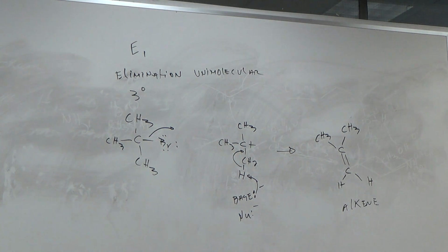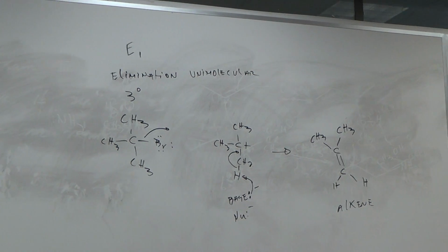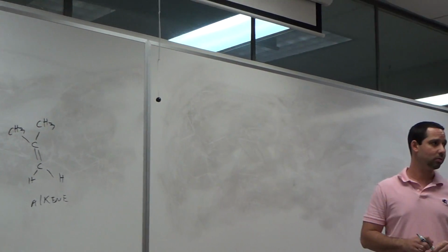Does it have anything to do with the amount of the base? No. Does it have anything to do with the amount of the nucleophile? No. The nucleophile is a base.